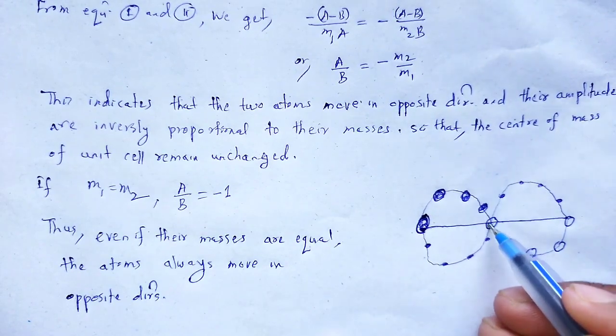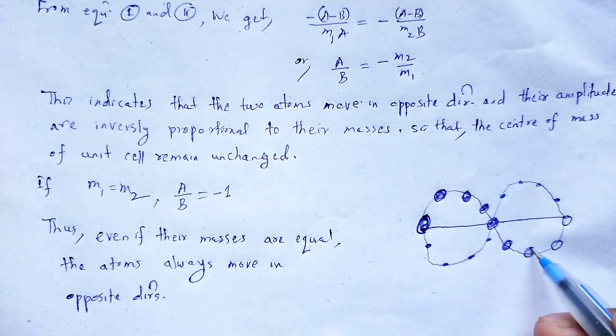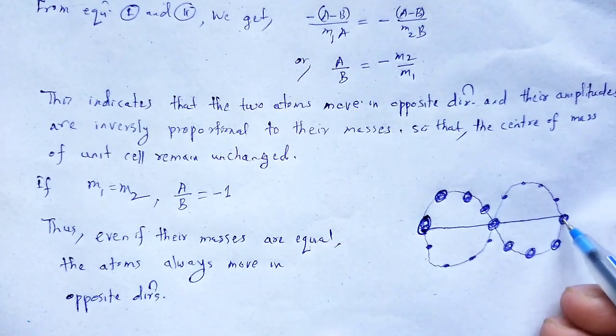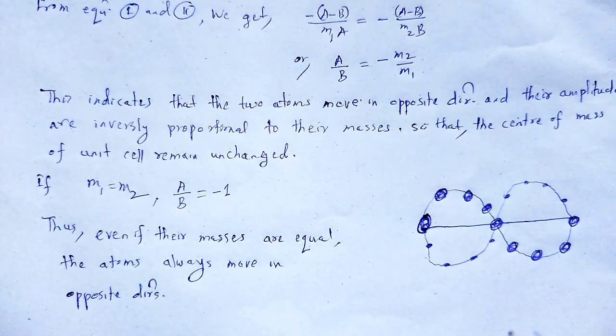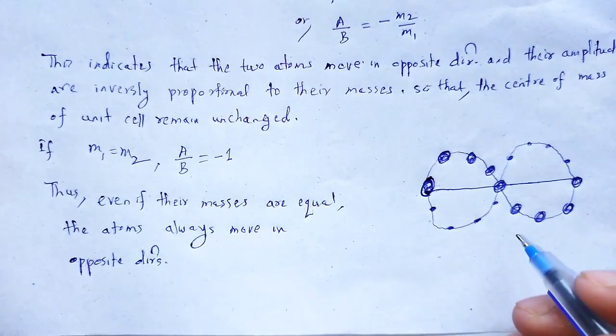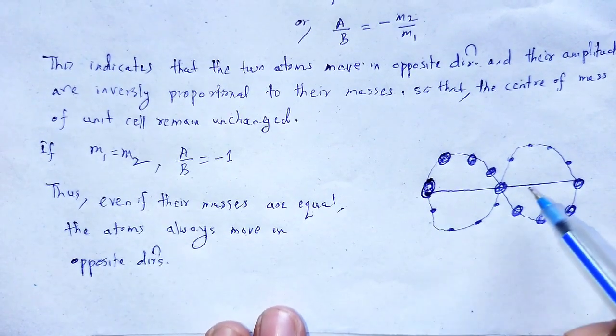Heavier masses, these are the lighter masses. This is for optical phonons.